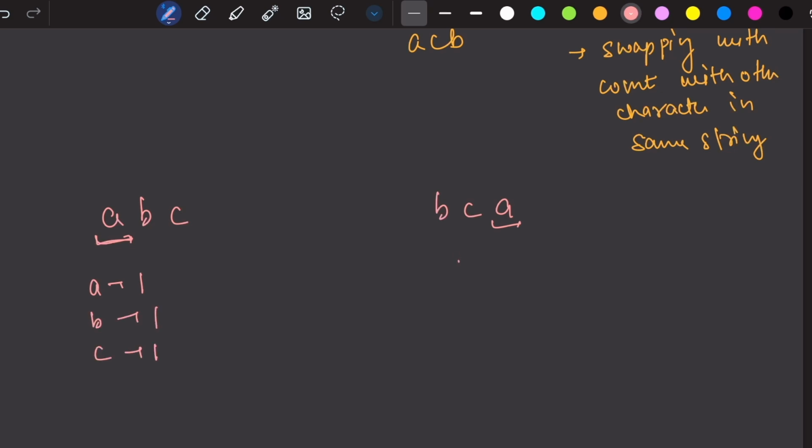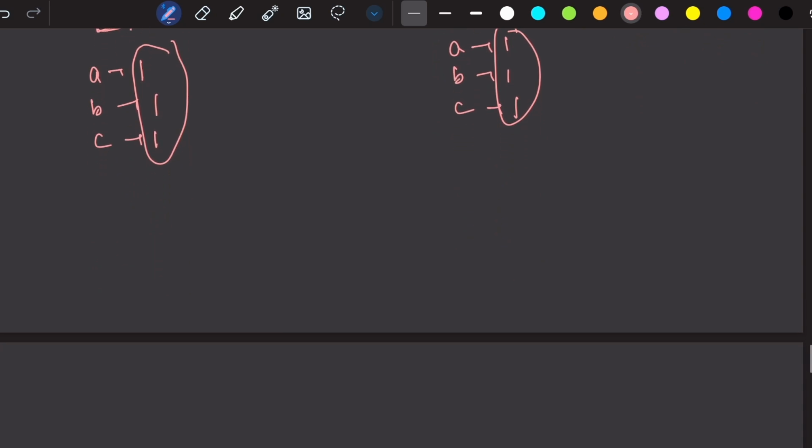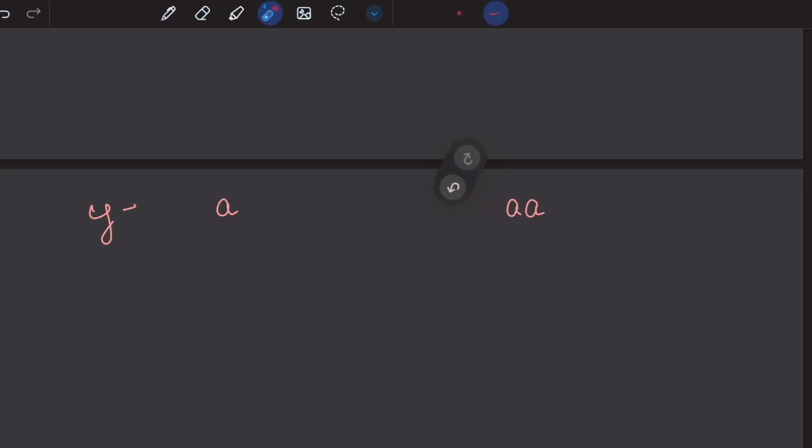Similarly here A is 1 time, B is 1 time, C is 1 time. So the first observation is the count should be the same. How and why, these are the two questions. If we take another example, example 2, the first string is A and the second string is double A. These are not close.